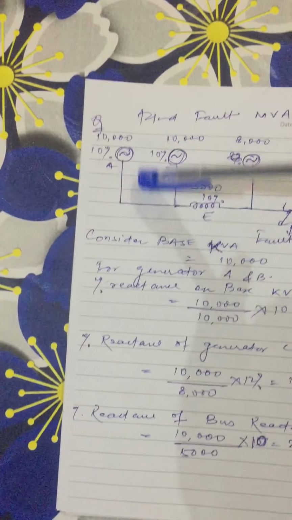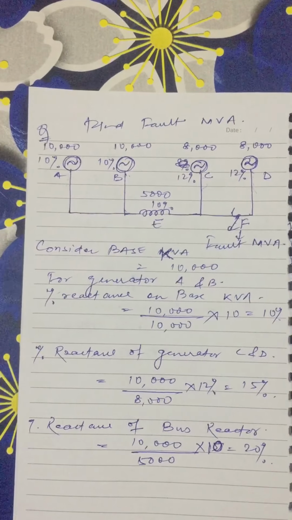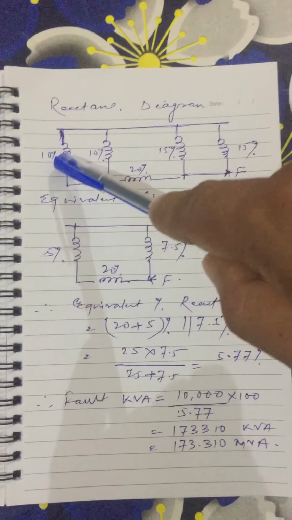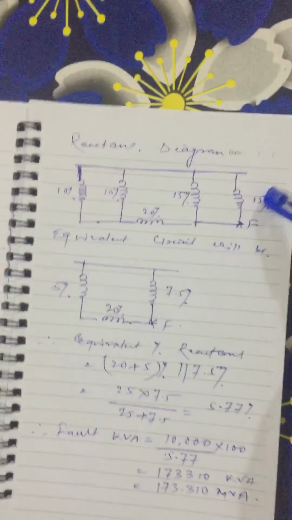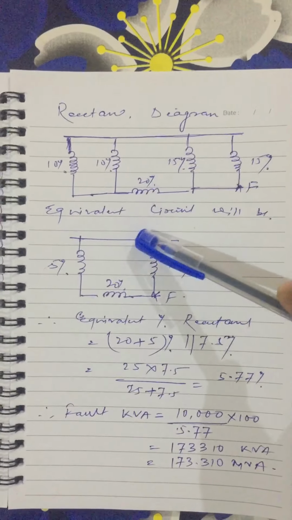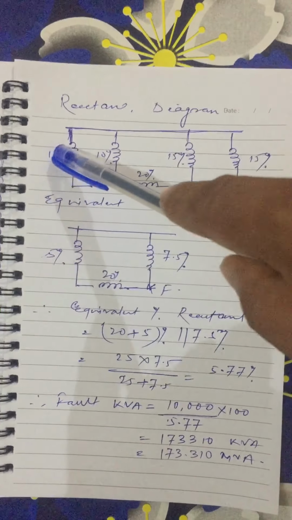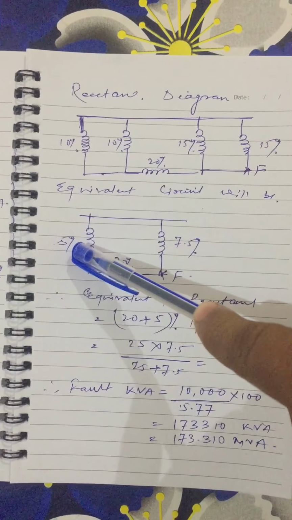Now we will draw the equivalent diagram, called the reactance diagram, for this single line diagram. For A and B it is 10%, 10%, for C and D it is 15%, 15%, and it is 20%. Again we will simplify this reactance diagram. These 10%, 10% are in parallel with each other, so it will become half, that is 5%.